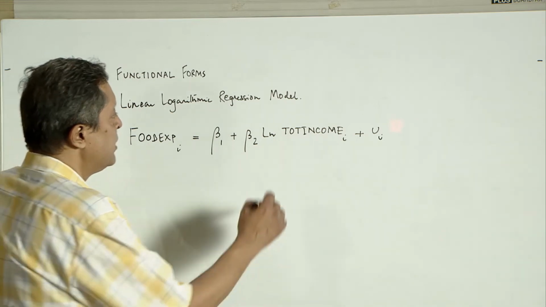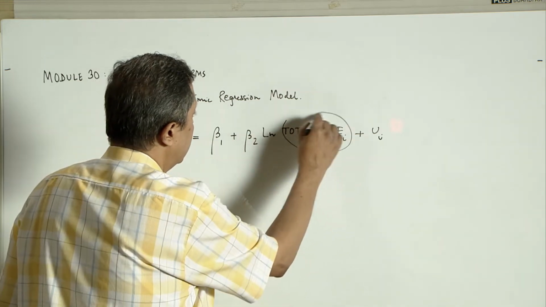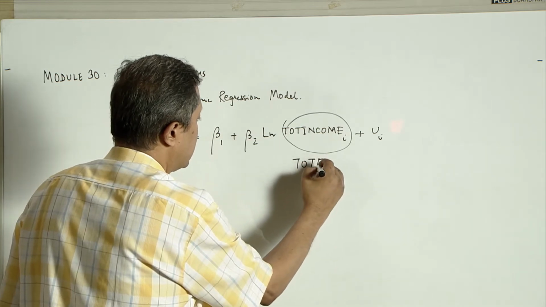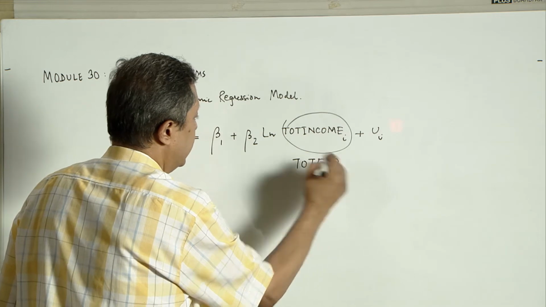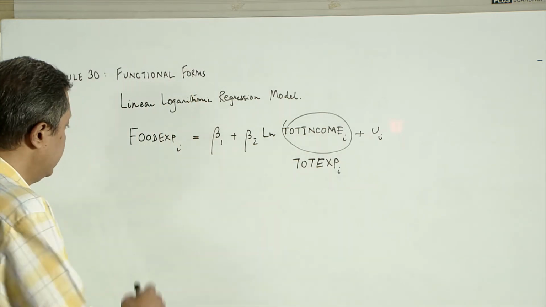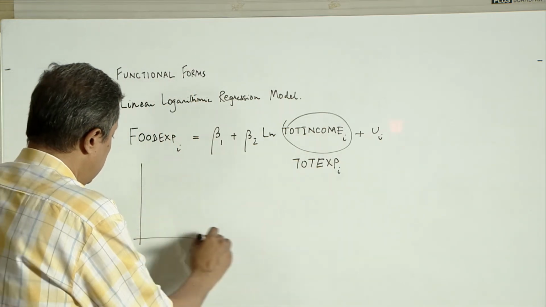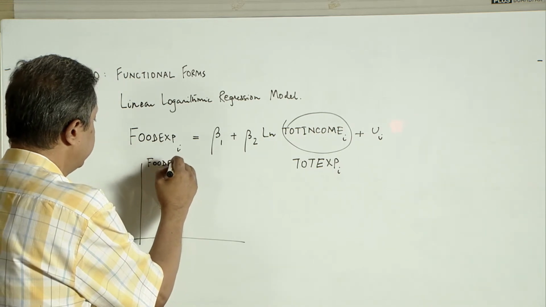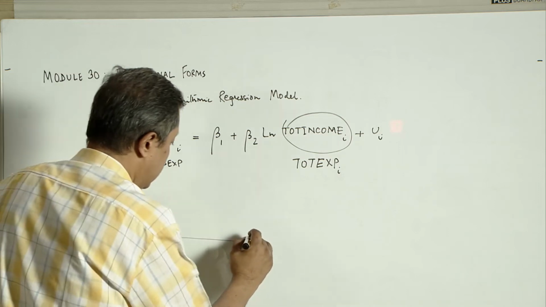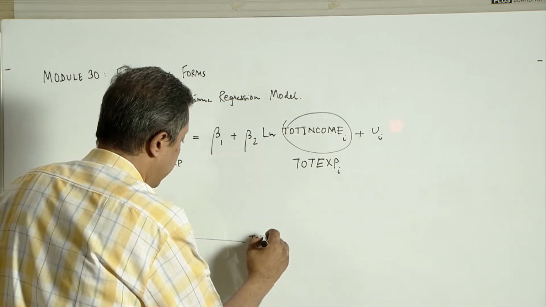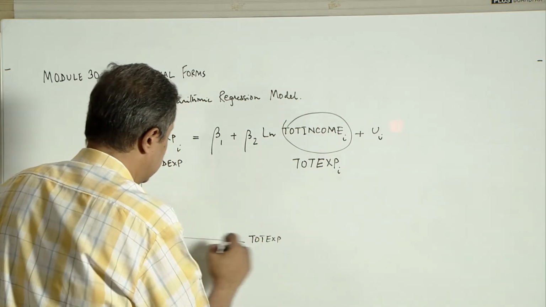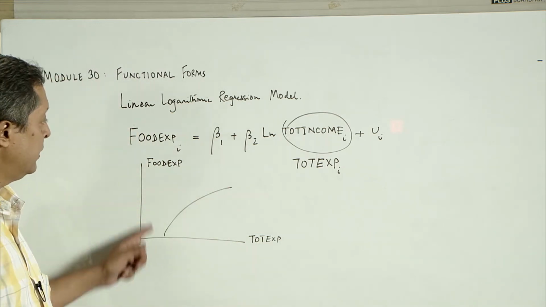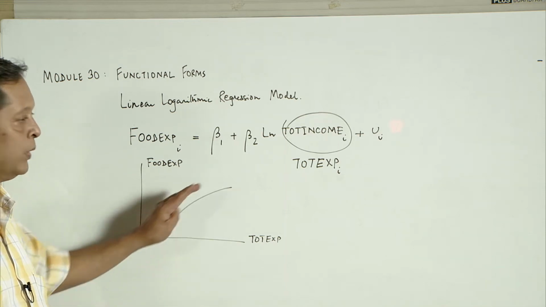If total income is not available, then we can use total expenditure. So, once again, if you plot food expenditure and total expenditure, you would get a relationship which is non-linear, and the slope of this curve gradually diminishes.